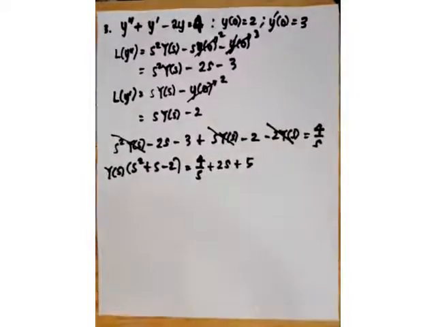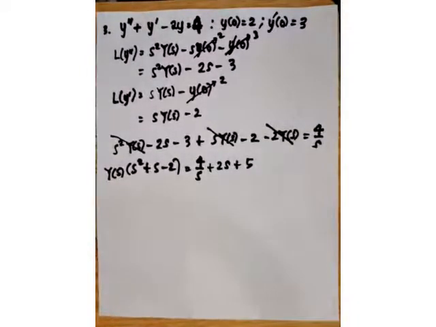Tama ba ako? Okay, so yung 2S i-transpose natin at saka yung 5. That's negative 3 minus 2. That's negative 5. I-transpose natin magiging positive 5. Okay?